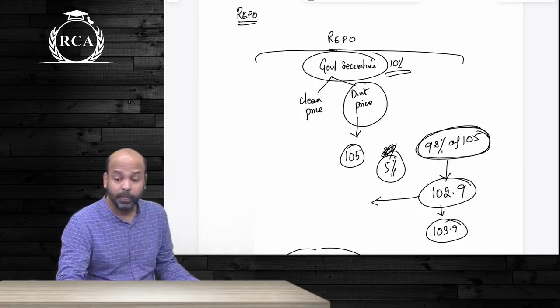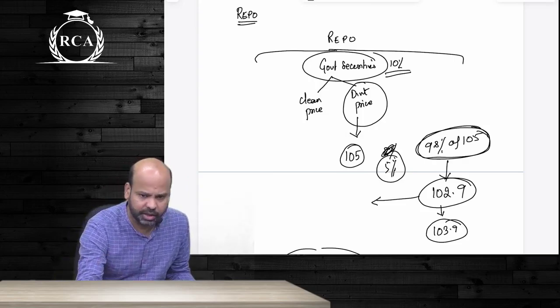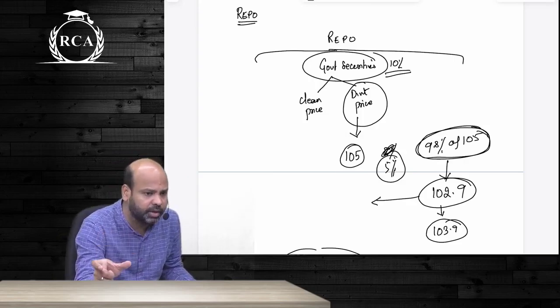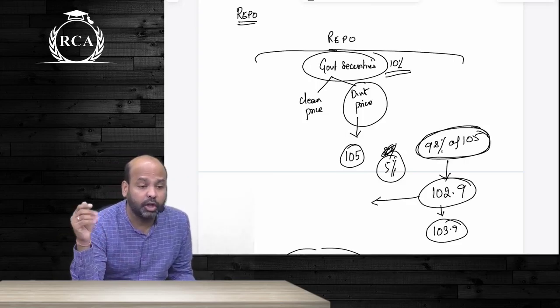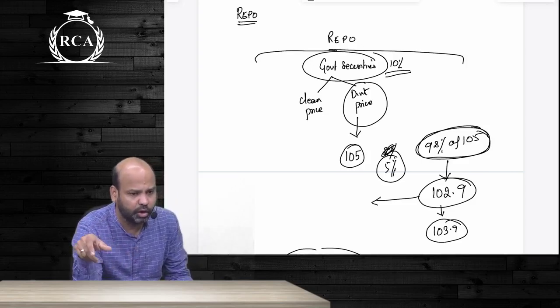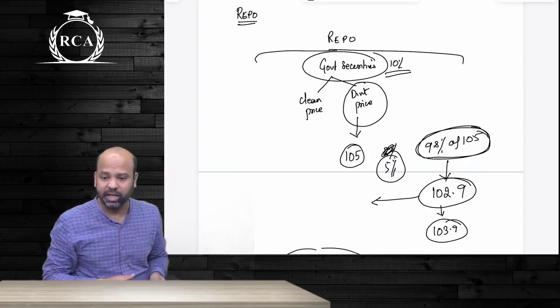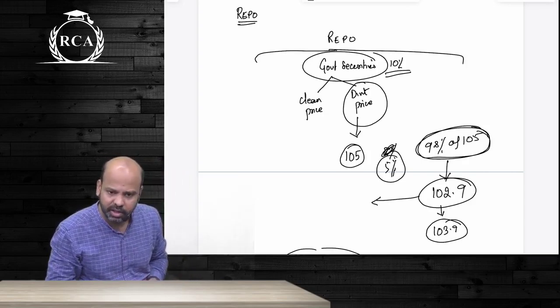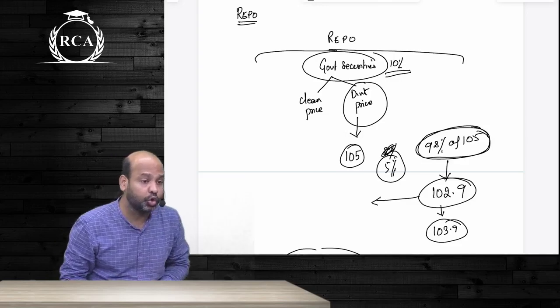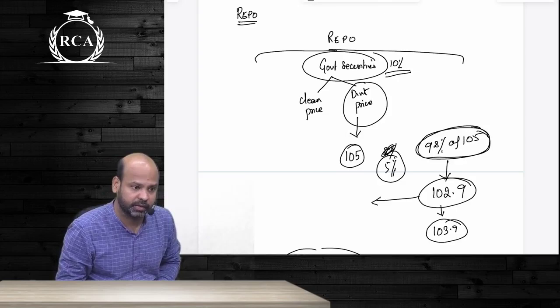Now, under a repo transaction, you sell government securities. When you're selling government securities, they will not offer the entire amount as loan. What they will do is keep a certain amount of margin. If they say that initial margin is 2%, the amount that will be given to you today will be 98% of dirt price.